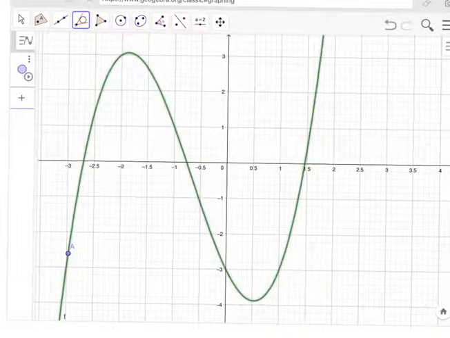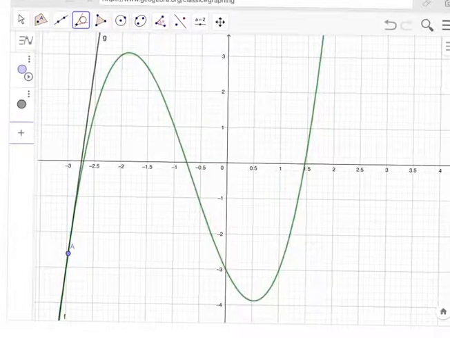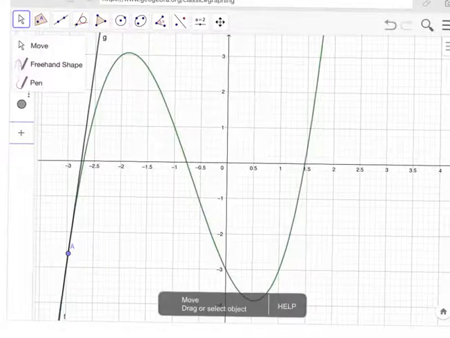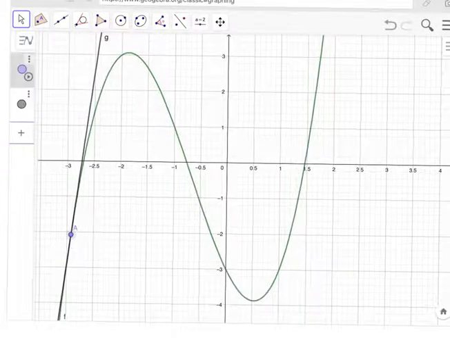To find the turning points, we use a method of calculus. We have seen that the derivative of a function is the gradient of the tangent at that point. So I'm going to draw a tangent at A. If I move this point A, accordingly the tangent will change.